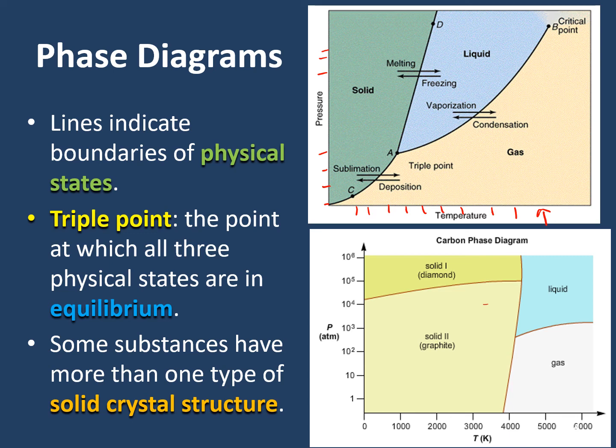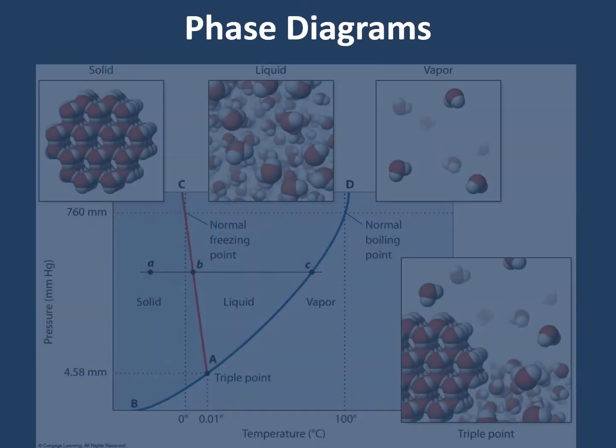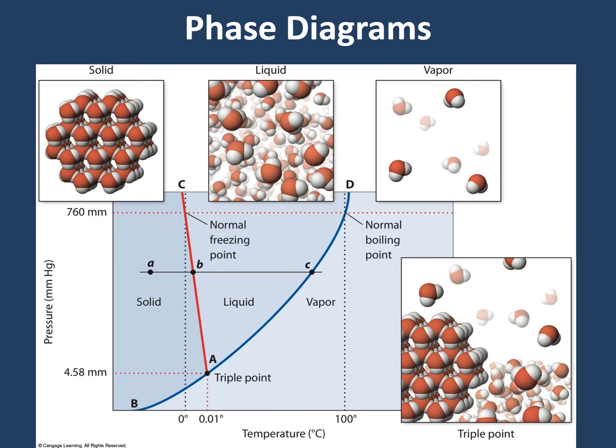One other important characteristic of our phase diagrams is the slope of the solid liquid line. So the line between the solid state and the liquid state, whether its slope is positive or negative, actually tells you something very important about that liquid substance, specifically its density. Okay, so when we look at the phase diagram for water, something very important actually is present, and that is the liquid solid line here.